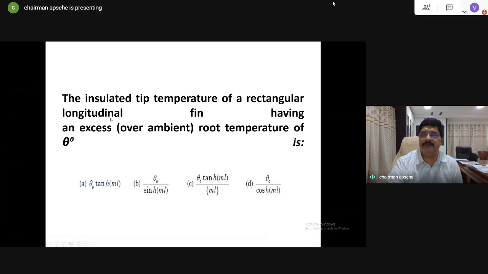Insulated tip temperature of a rectangular longitudinal fin having an excess over ambient root temperature of theta naught. Earlier we took the base temperature as theta b, now it is theta naught, he says. What will it be? So it is tanh(mL) by mL, right? Temperature distribution equation: theta by theta naught is equal to tanh(mL) by mL.